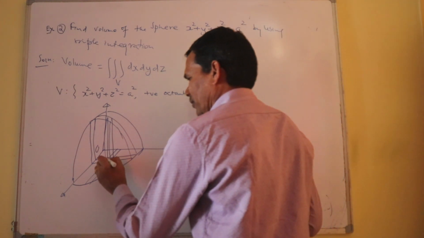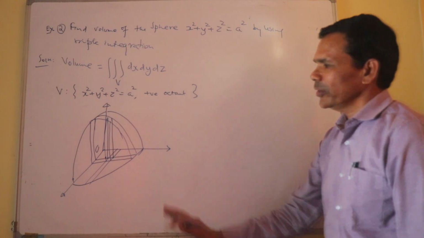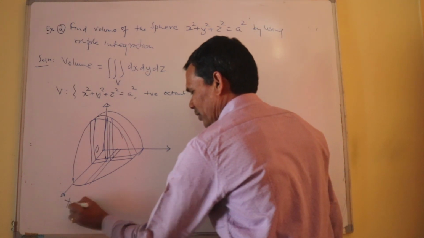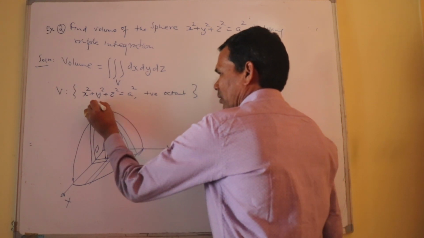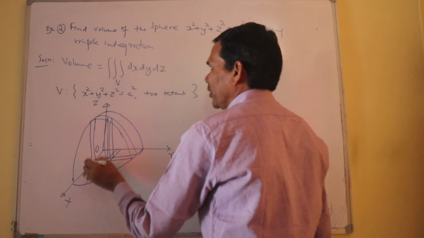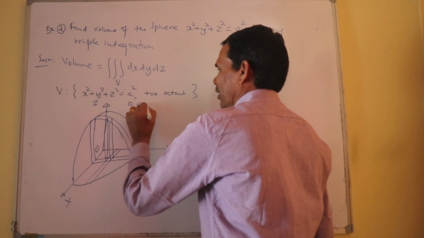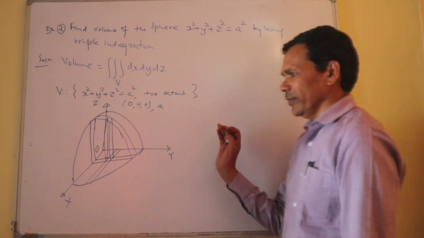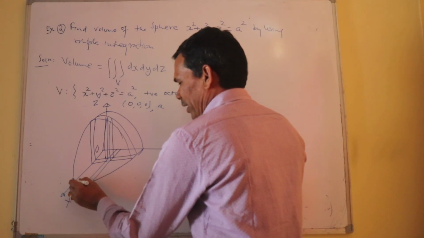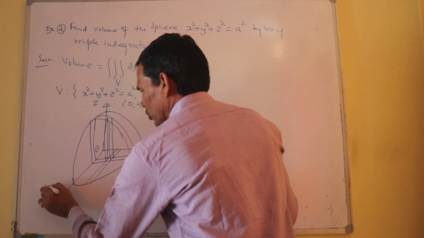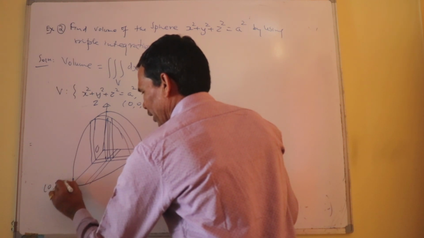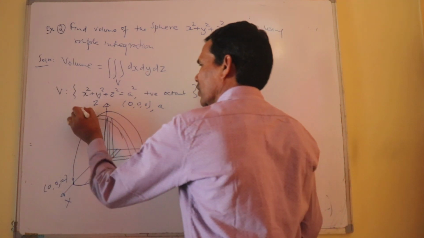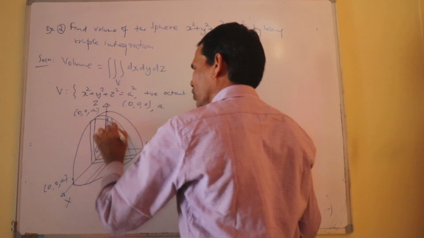So this is the sphere, this is the x-axis, this is the y-axis, this is the z-axis, and this is a sphere with center at the origin and radius a. Now the coordinates of this point are 0, 0, a, the coordinates of this point are 0, a, 0 on the y-axis, and the coordinates of this point are 0, 0, a.